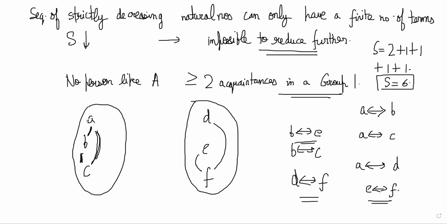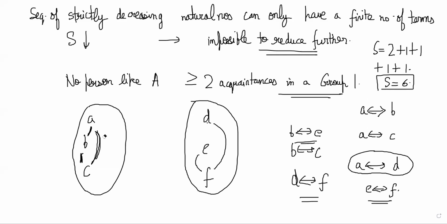Now we can see that there is a person here, A, who is linked to 2 people in his group, B and C. And A is also linked to D, but D was in the other group. So we do the transformation: we shift A to the second group.